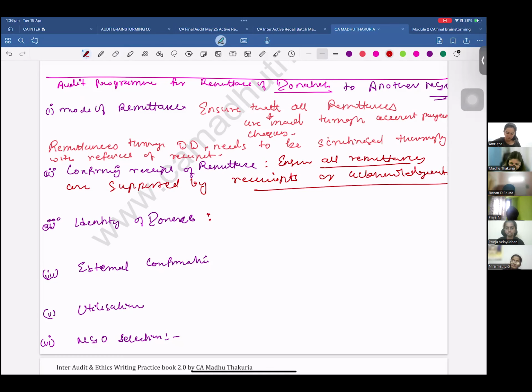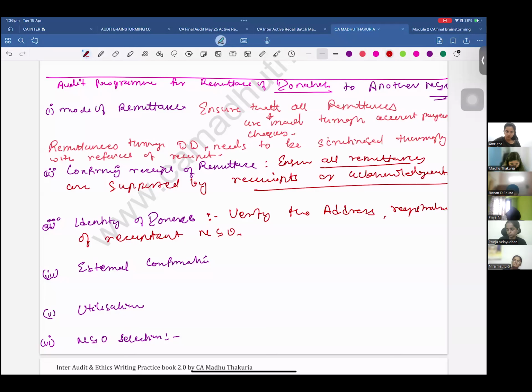Then verify the address and registration of the recipient NGO.